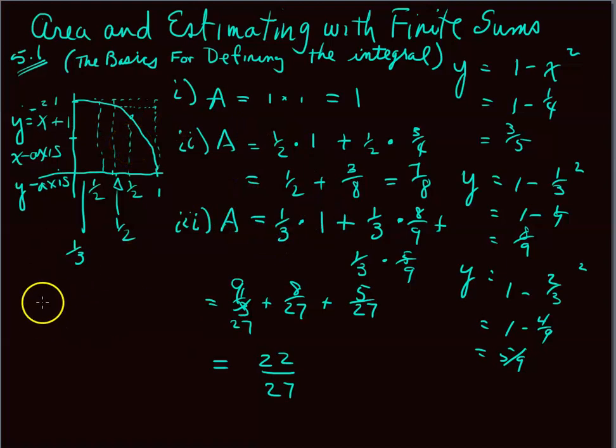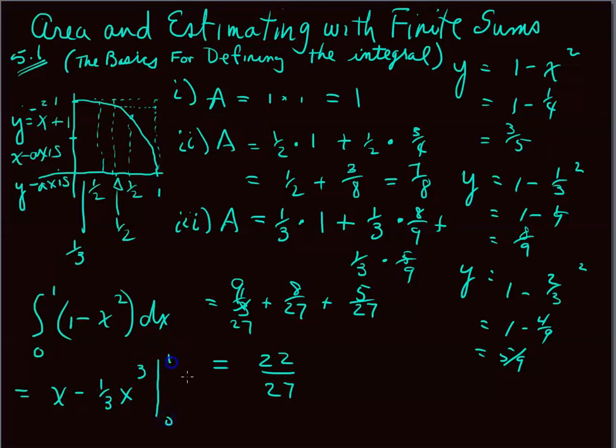Let me just do this look ahead. What's interesting for integrals here is it's not going to be an indefinite integral, it's going to be a definite. We're going to go from 0 to 1. So we're going to need limits sometimes for this integral of 1 minus x squared dx. When we go 0 to 1, we evaluate the antiderivative, which is x minus 1/3 x cubed, from 0 to 1.